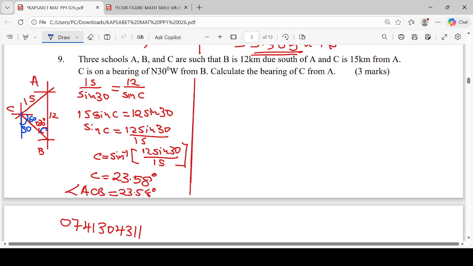We need to be very keen. We are proceeding well.